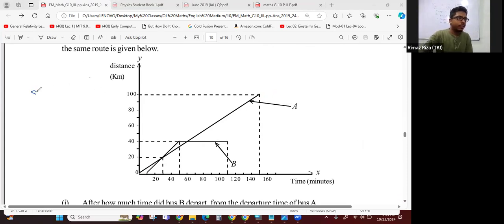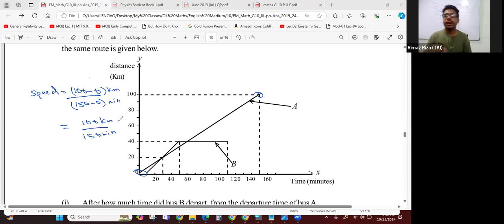So speed equals the gradient: the vertical height is 100 minus 0, taking this point and this point, and here the value is 150 minus 0. This is in kilometers and this is in minutes. So this equals 100 kilometers divided by 150 minutes.